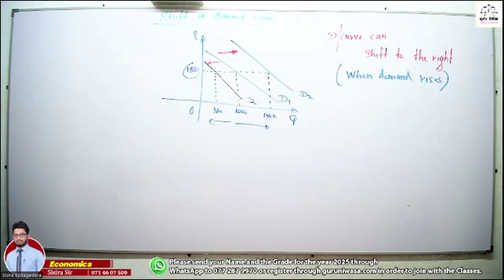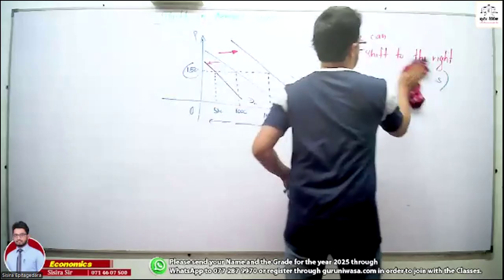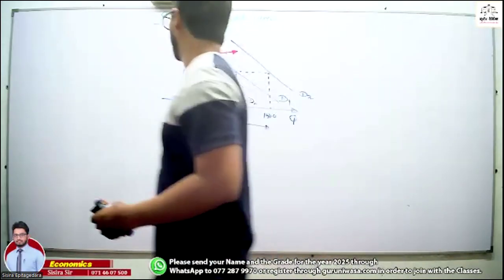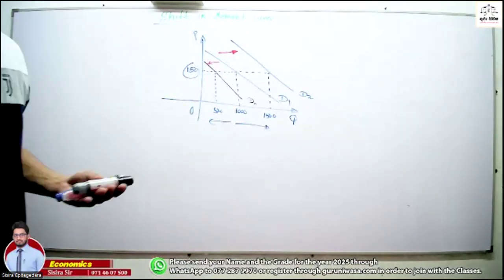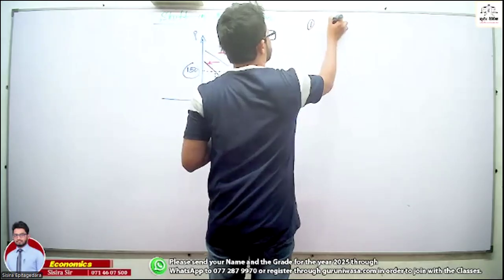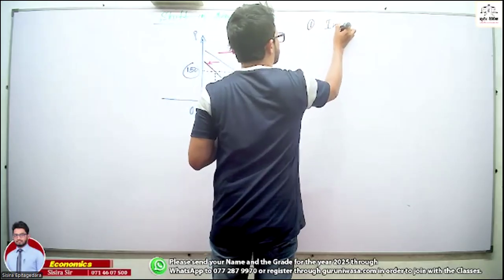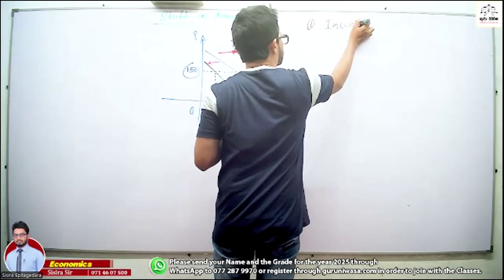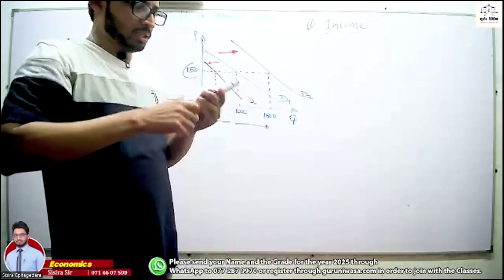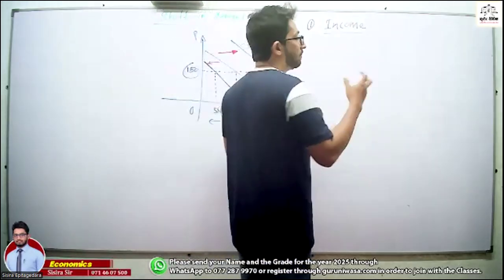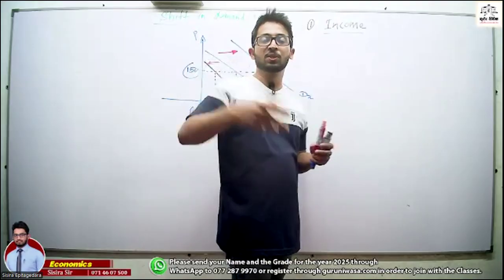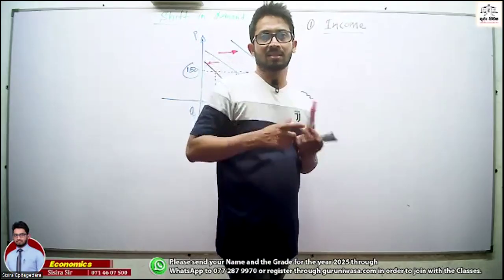First one, income. Here, income means the buyer's income, not government income or business income. Buyers, you mean consumers' income, right? Like us.